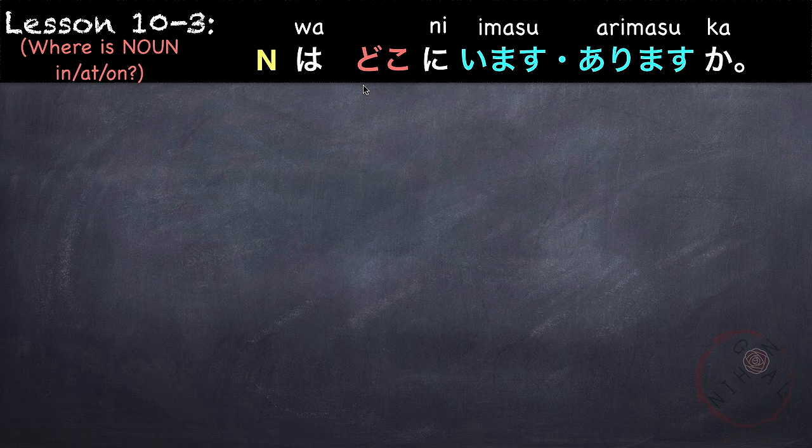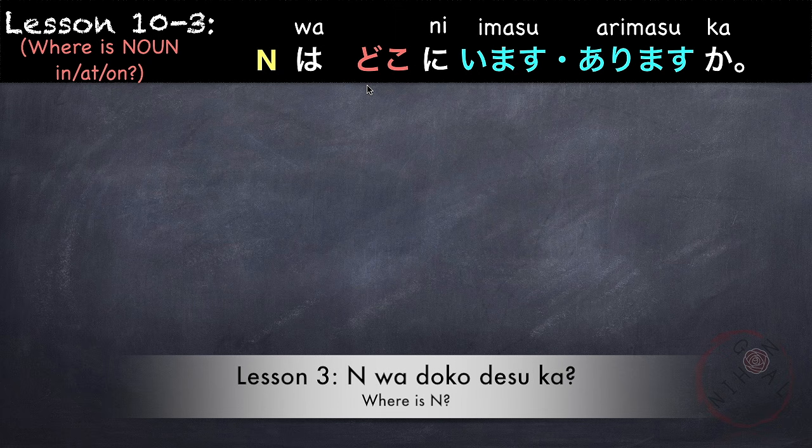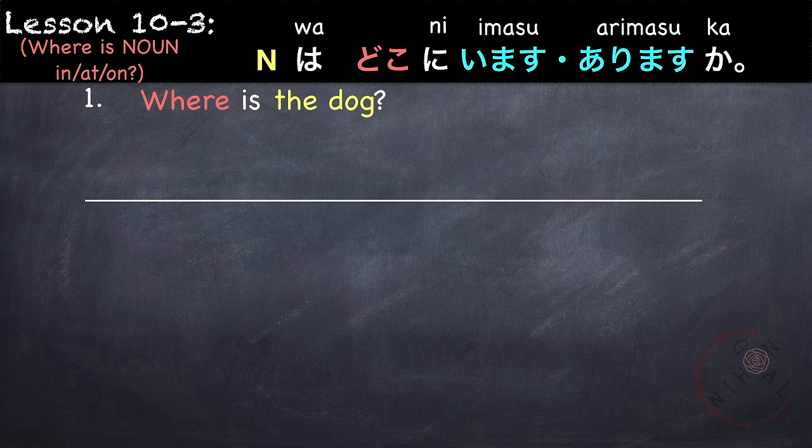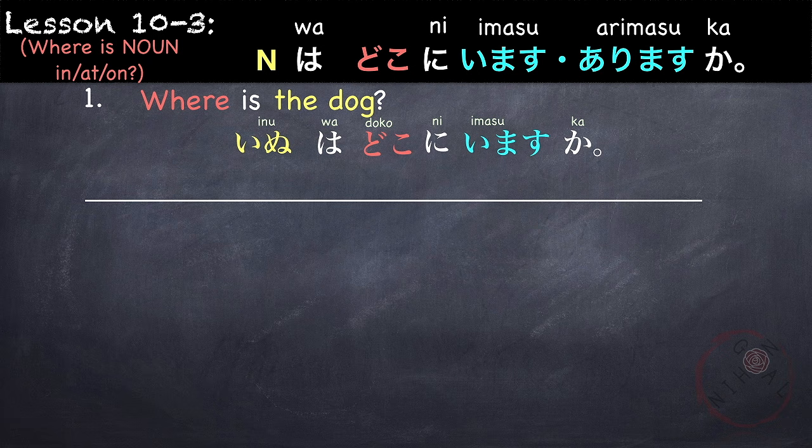The simple way of saying doko ni imasu or arimasu ka is wa doko desu ka, which we've learned in previous lessons. For example, where is the dog? Here we are aware of the existence of the dog, so we are more concerned with where it is. So we use wa doko ni imasu ka? Inu wa doko ni imasu ka?